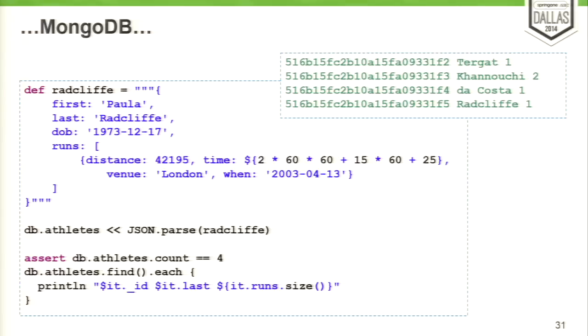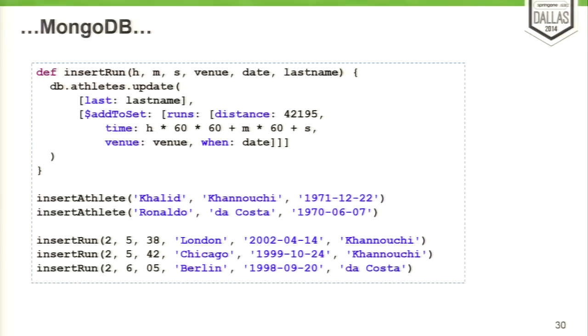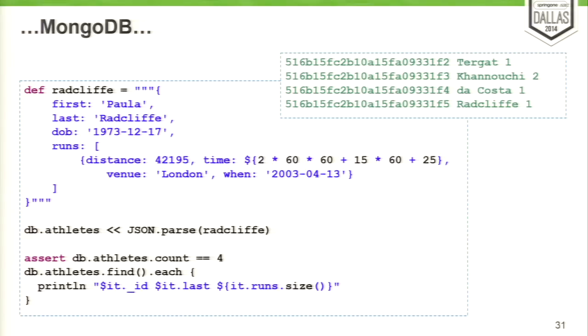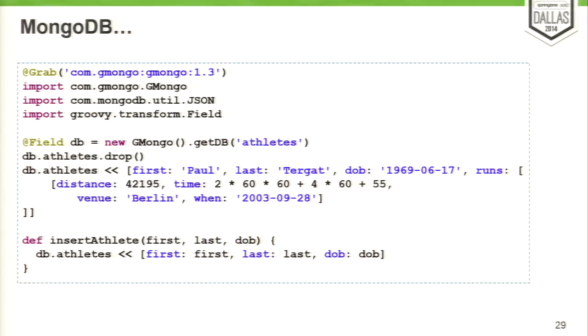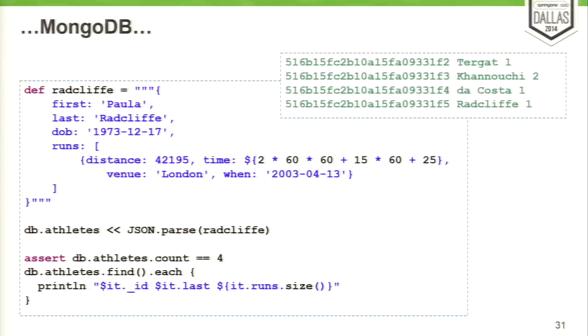So here's my four athletes. I've got three runs there, and another run as part of the JSON. And I must have done one manually somewhere as well. Oh yeah, there's a run done manually in the first one, so I've got five runs. The first athlete's got one, the second's got two, then one and one. So there's my five runs, and I'm printing all of those out.